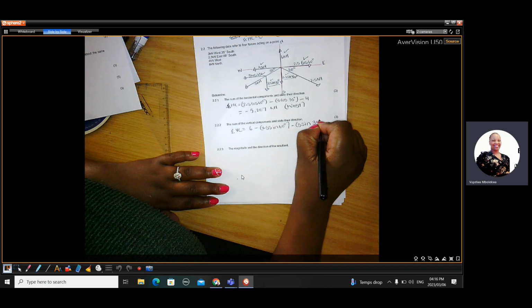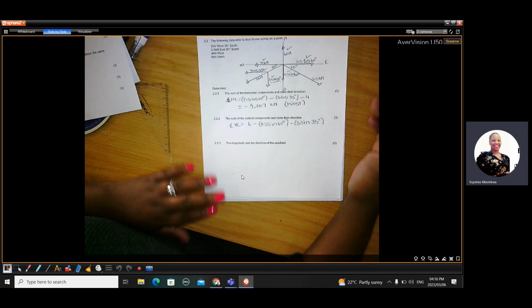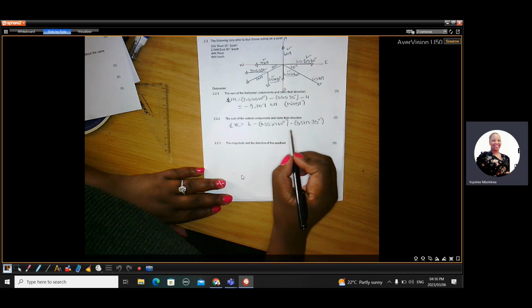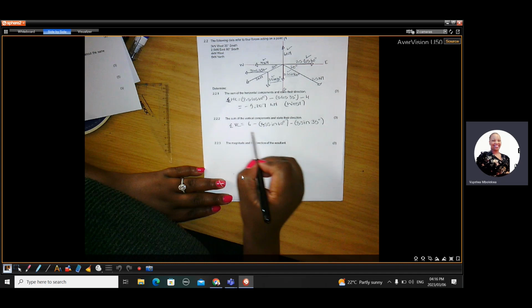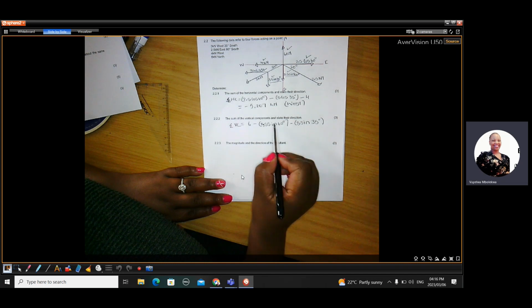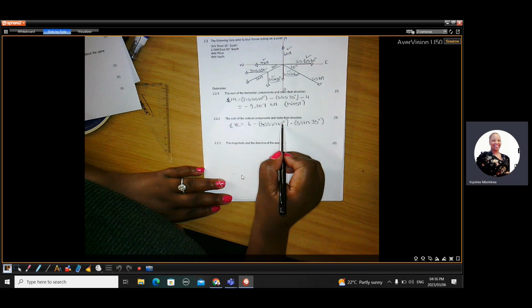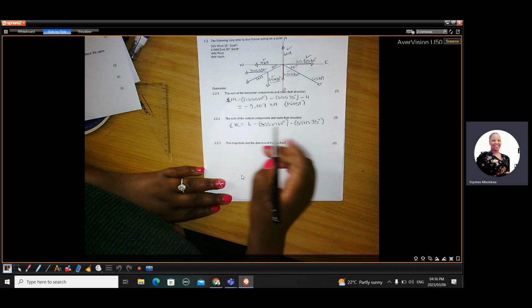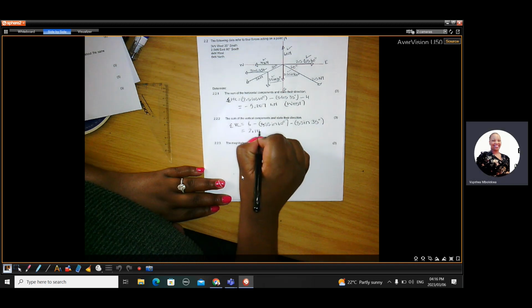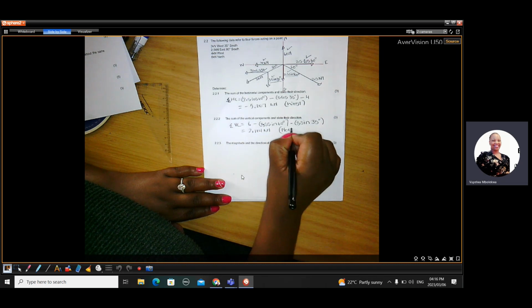Now, when you put it in your calculator, you must make sure that you put the brackets, because if you don't, sometimes it has a tendency to say 6 minus 2.5, and then it separates, but it's not supposed to. The 2.5 is multiplying sine 60 before you subtract. The first multiply out. So the answer here came as 2.114 kilonewtons. Because it's positive, it must go north.